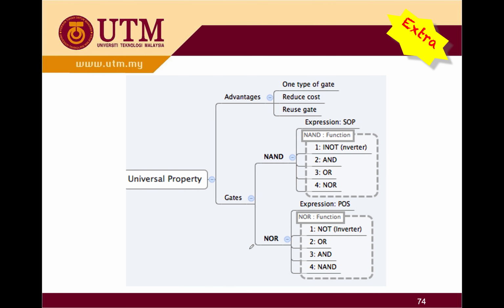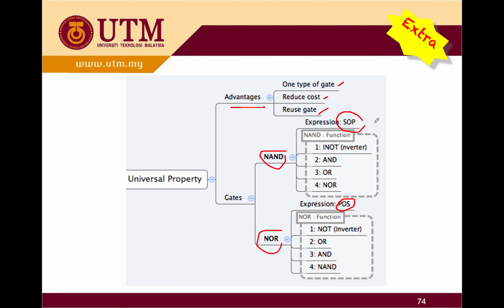Then on the universal property, you can see the advantages, which are one type of gate only, reduced cost, and you can also reuse the gate. Normally it is under SOP for NAND, and NOR is under POS. Please remember this.